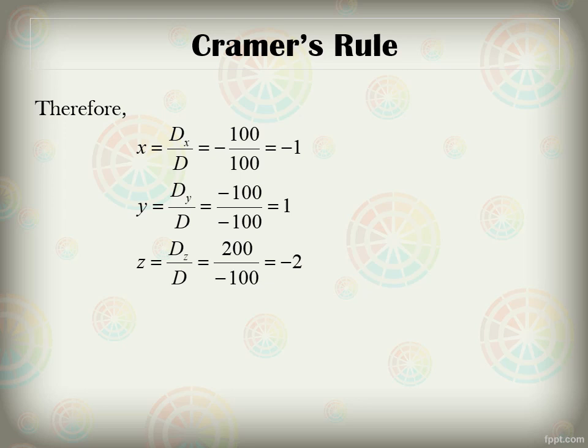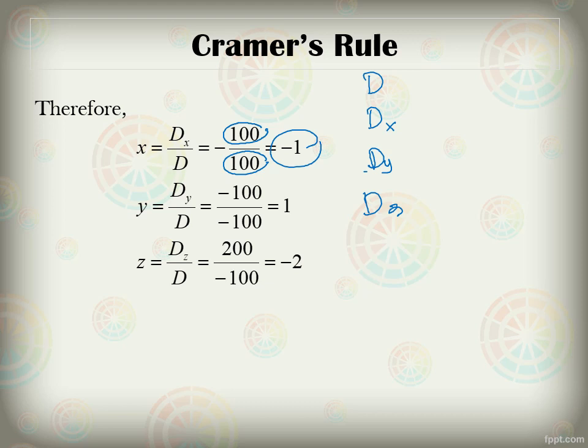Once you have calculated all the determinants that you need, determinant for matrix A, determinant for each coefficient dx, dy, dz, you just need to apply the Cramer's rule formula. For dx just now, we got 100 over negative 100, so x is minus 1.